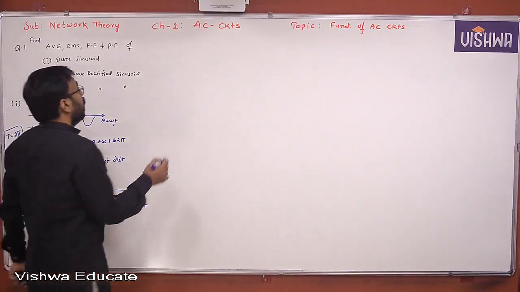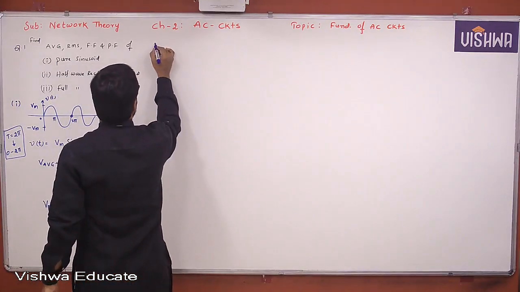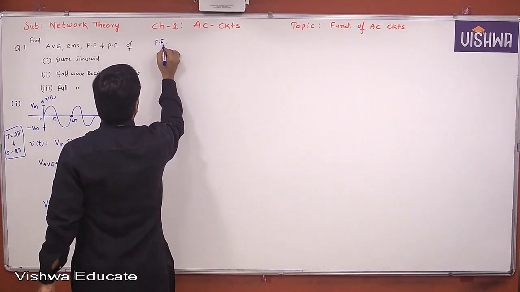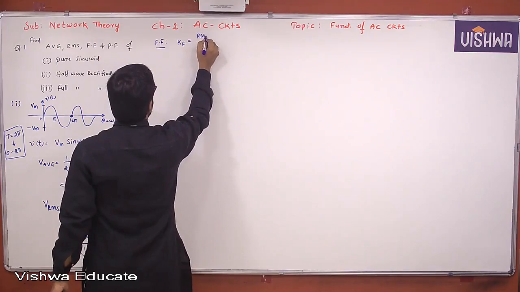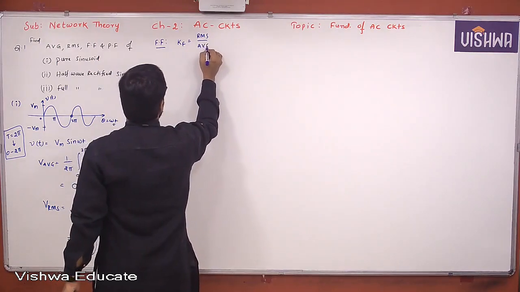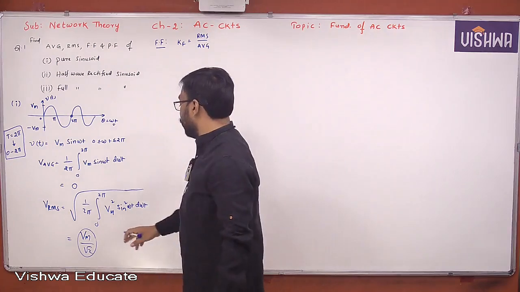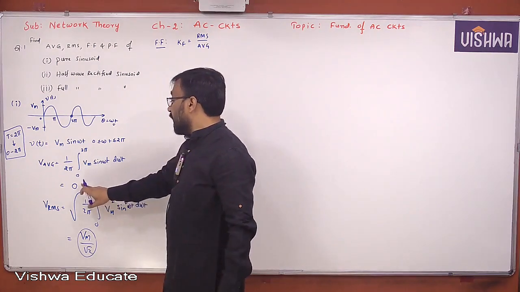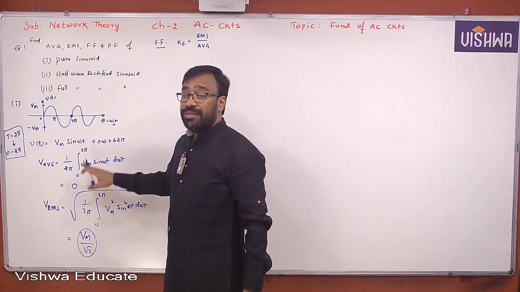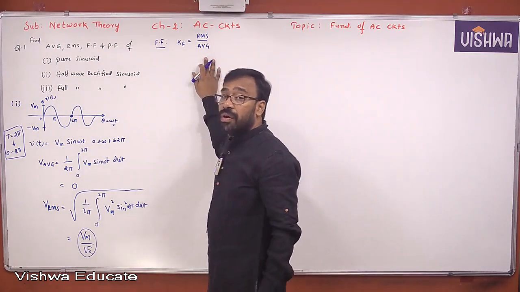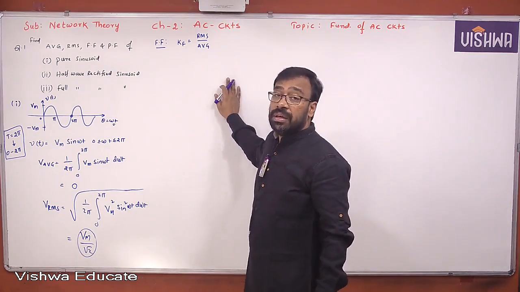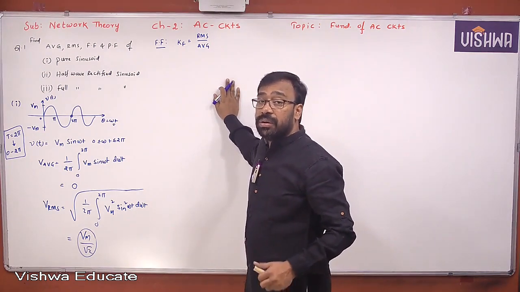Okay. Now let us look at the form factor. What is a form factor? Form factor is usually defined as what? RMS by average. RMS value you know very well, V max by root 2. Average value is what? 0. Then if you substitute this here, it will be like infinity. But I told you already, form factor is never going to be an infinity value.